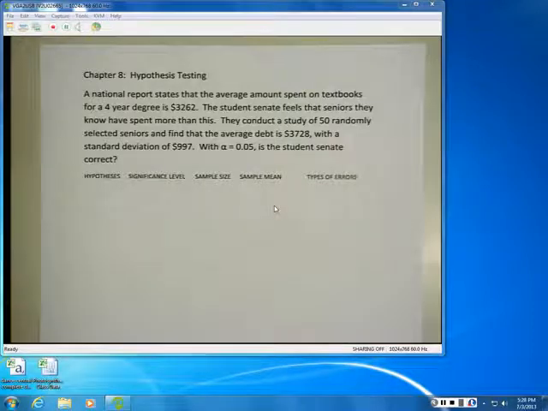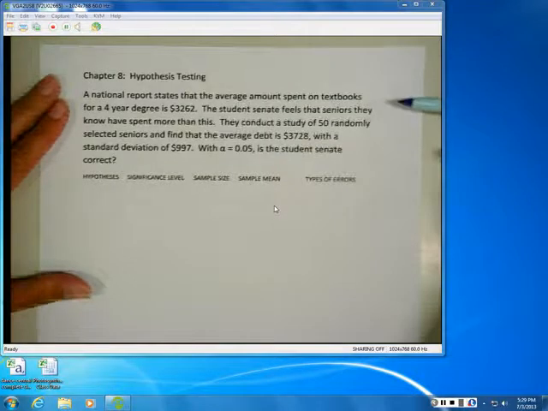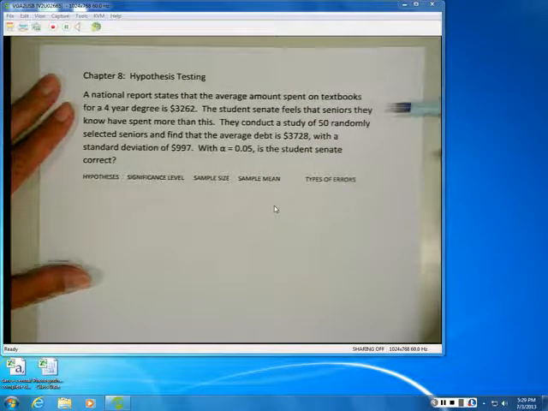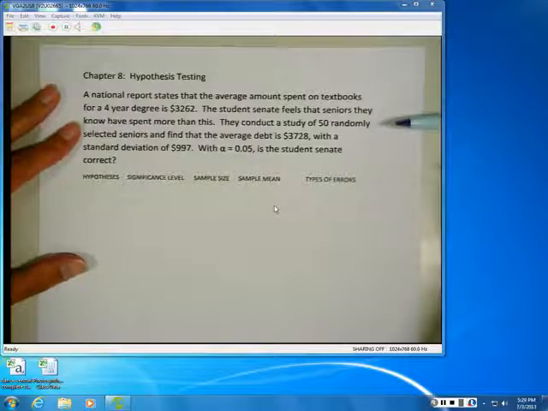So here's an example of that. And when I say true, I hesitated because it's not about being right or wrong. It's about being, are we significantly different than the stated mean or the stated amount, or are we not significantly different? Well, let me read this one and we can talk more about that. A national report states that the average amount spent on textbooks for a 4-year degree is $3,262.